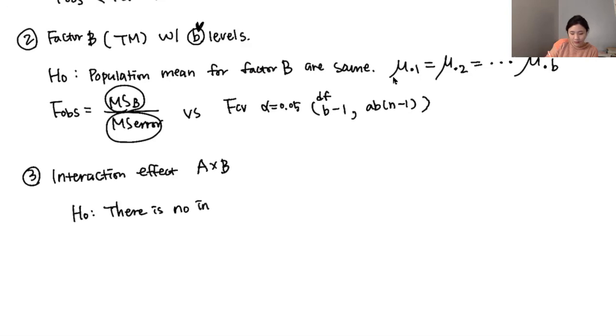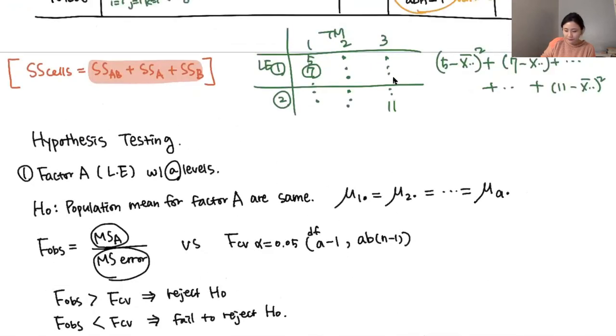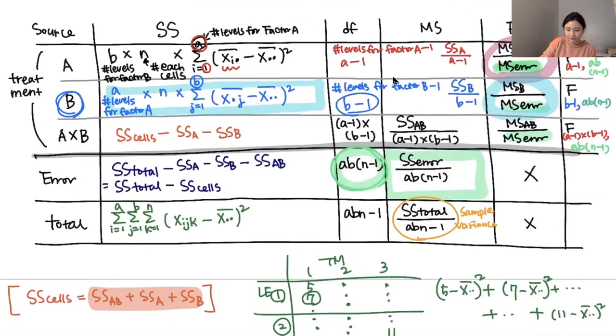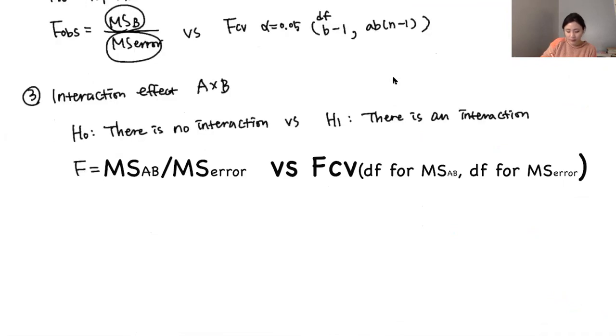And for the interaction effect, A times B, my null hypothesis is just to say there is no interaction. And my alternative hypothesis is there is an interaction. It is very complicated to write mathematically, so you just write it in words. And my F statistic for the interaction is mean square AB divided by mean square error.